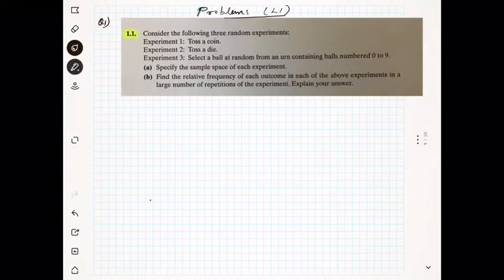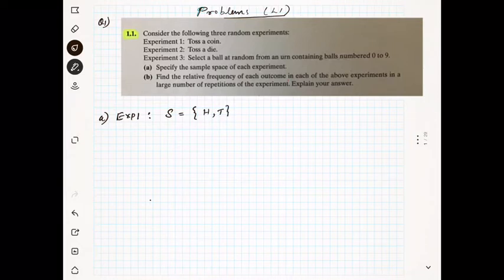What is the sample space for this experiment 1? Let's say I will first write about part A. For experiment 1, the sample space will be S, which is nothing but, you are tossing a coin, so you can expect head and tail.